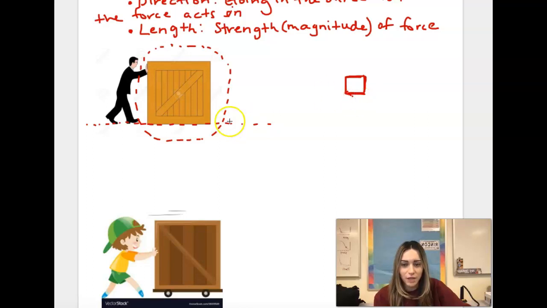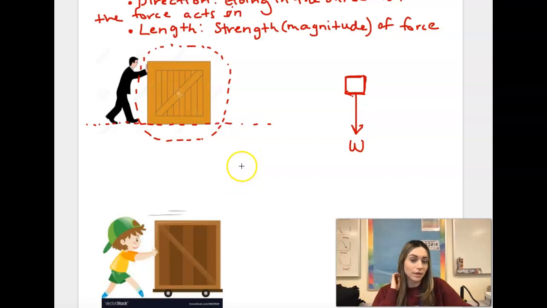We know that gravity works towards the center of the Earth when we're on the planet Earth, which would be down towards the ground. So I'm going to draw an arrow pointing downward from the box and label it weight, because the force of gravity on an object is that object's weight, so we can just call that force weight.